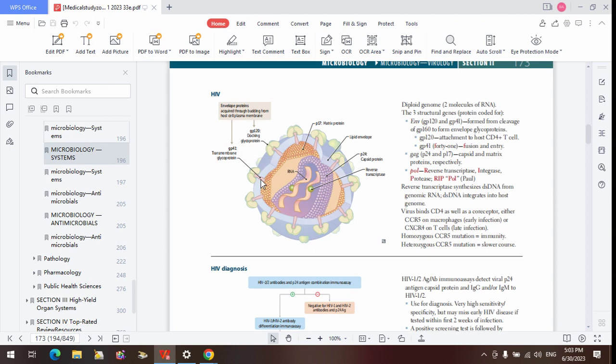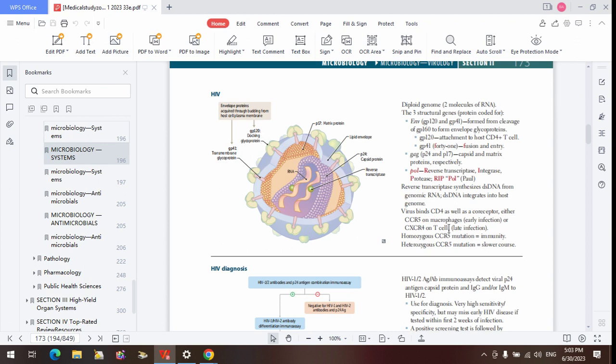Now, when the HIV wants to enter into the cell it wants to infect, maybe the macrophage or the T cell, let's use the T cell, for example. GP120 is going to bind to one receptor first, which is the CD4 receptor on the T cell.